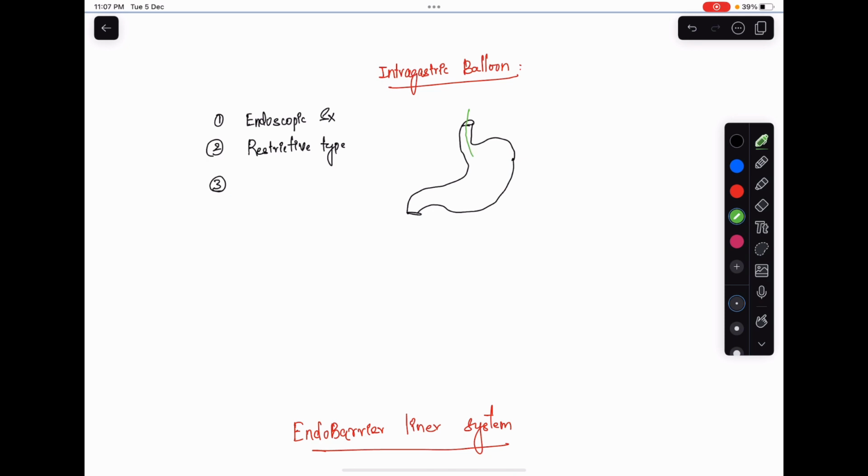So via endoscope, we are passing the deflated silicone bag, and then we are filling it with water. So a large portion of the stomach is being occupied by this intragastric balloon. So there will be early satiety, early gastric filling. So by restrictive type, it will cause weight loss. And this intragastric balloon should be removed after 6 months.